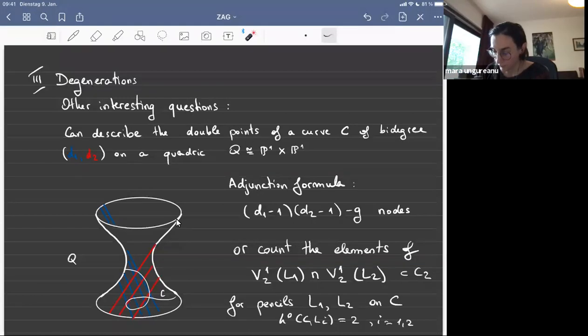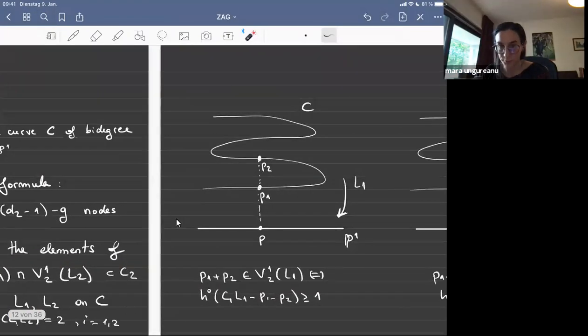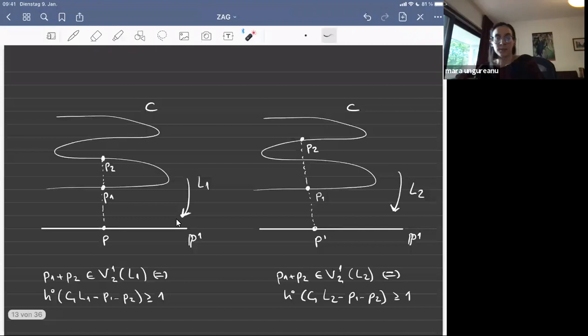And now let me show you why this should also make sense. Just as an intuitive explanation, each of these pencils will give you a map from the curve to the projective line. So this is the map from L1, and this is the map from L2. And the condition that a divisor P1 plus P2 belongs to the secant variety of this pencil is equivalent to this.